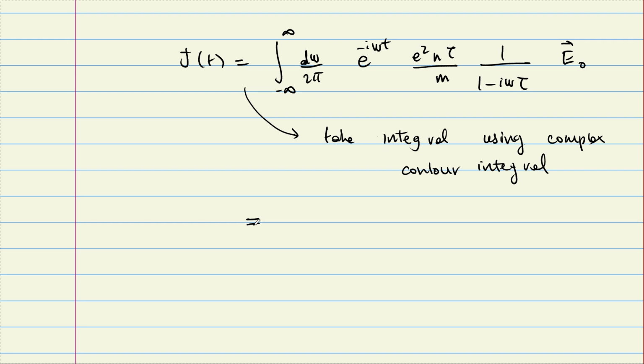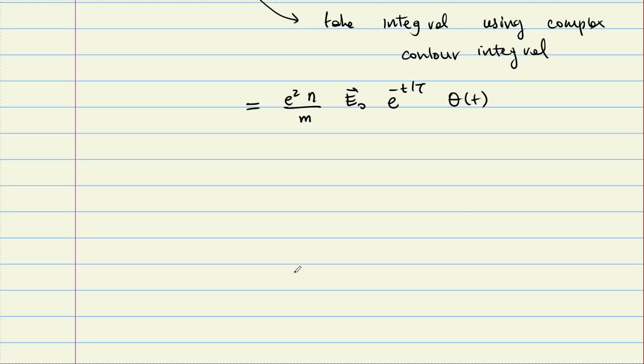And the result, let me give you the result, is something like this: e squared n over m, E0, e to the minus t over tau, times theta of t.